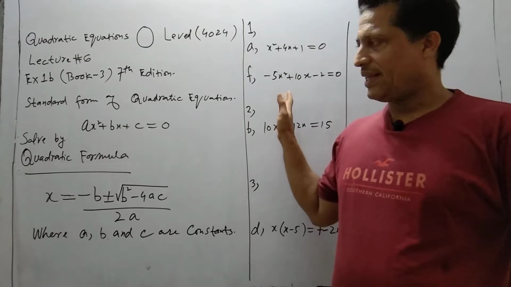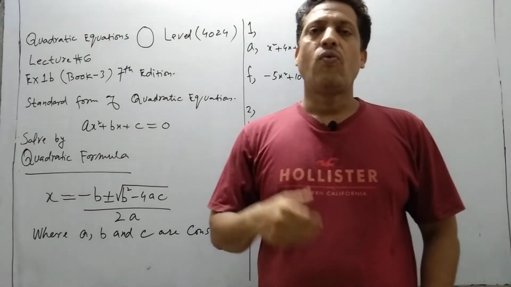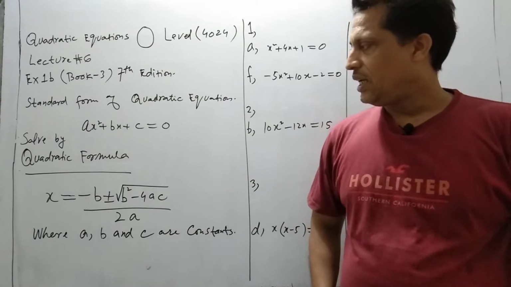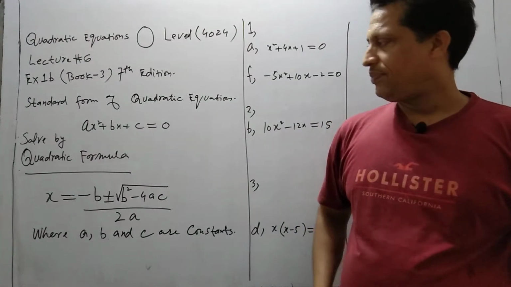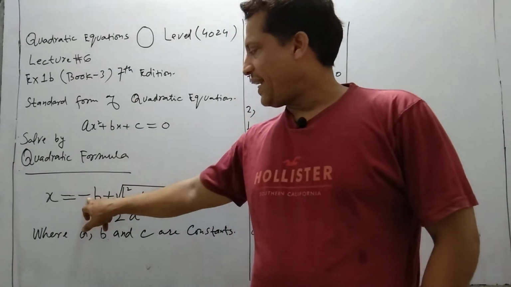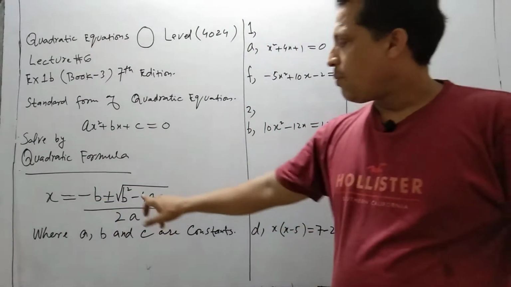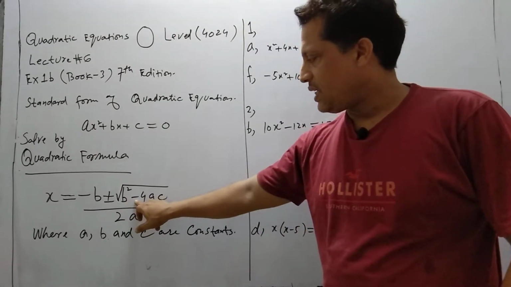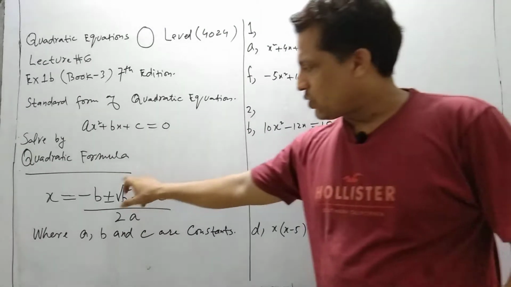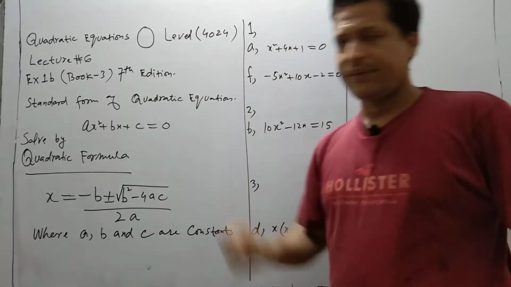Before I start exercise, we first know what actually the quadratic formula is. The quadratic formula is x is equals to minus b plus minus square root of b square minus 4ac, whole upon 2a.